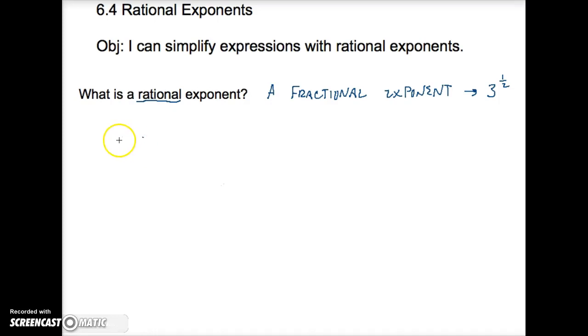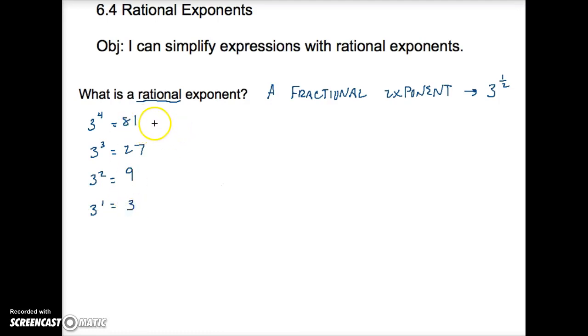So let's quickly remind ourselves about our properties of exponents, and let's look at some examples. If we take 3 to the 4th power, that's 81. 3 to the 3rd is 27. 3 squared is 9. 3 to the 1st power is 3.